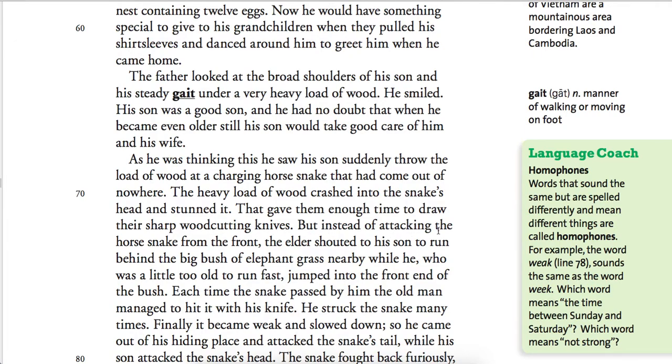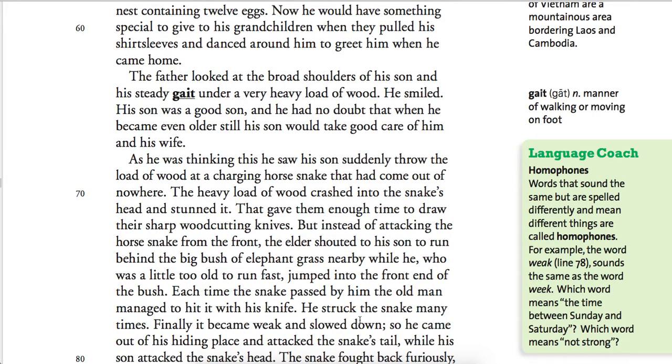But instead of attacking the horse snake from the front, the elder shouted to his son to run behind the big bush of elephant grass nearby, while he, who was a little too old to run fast, jumped into the front end of the bush. Each time the snake passed by him, the old man managed to hit it with his knife.